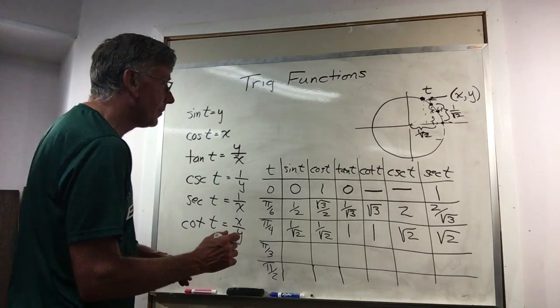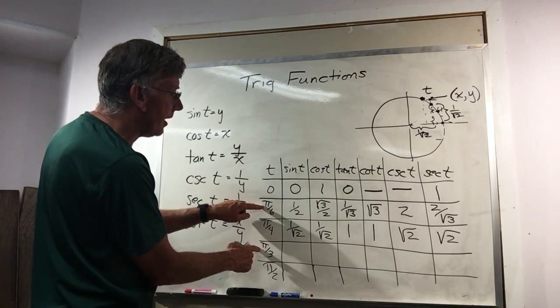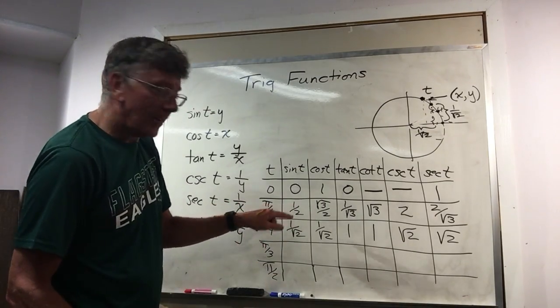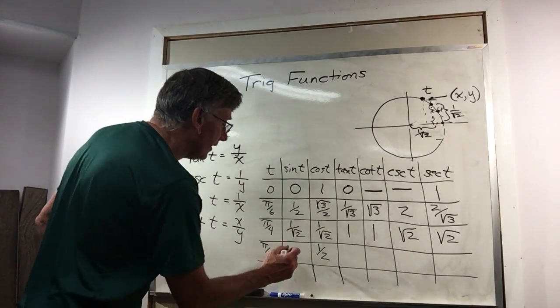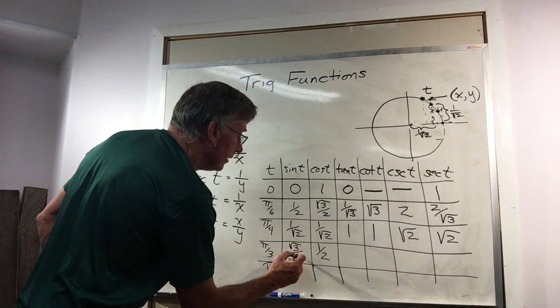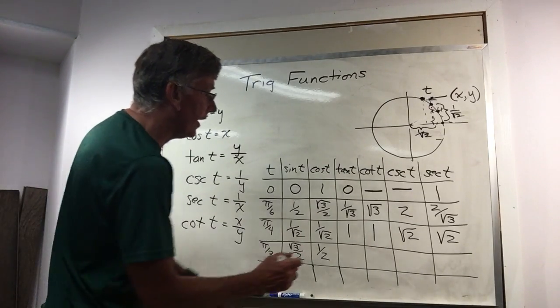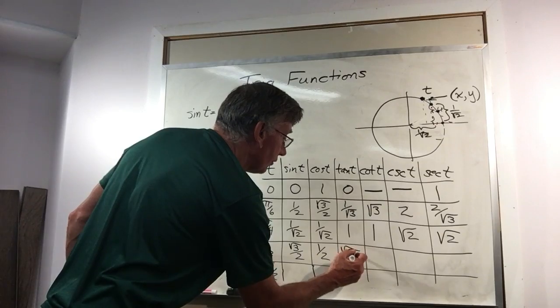We're almost done. Pi thirds, that's going to mimic what we did with pi over 6, except it's going to be backwards. What was the sine is now the cosine, and what was the cosine is now the sine. The tangent is going to be the y over x, which is going to be square root of 3 over 1, which is square root of 3.